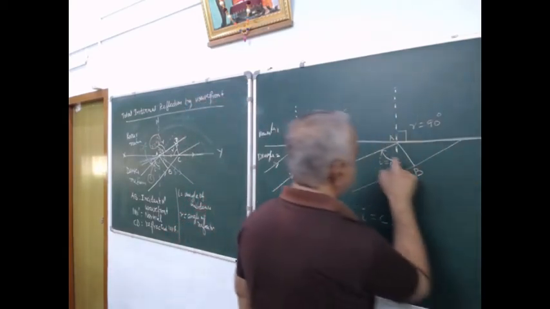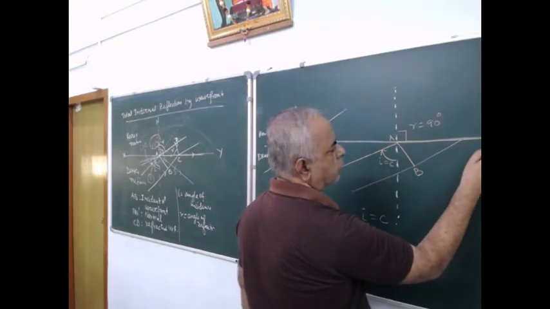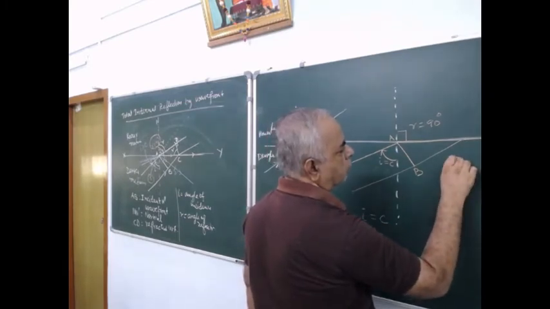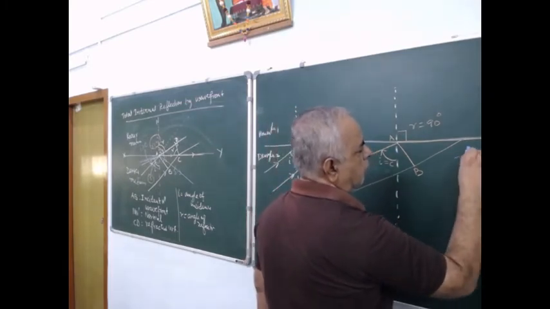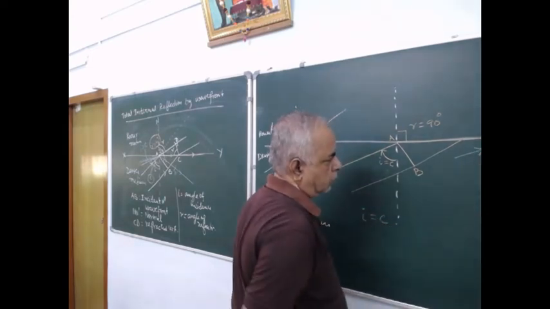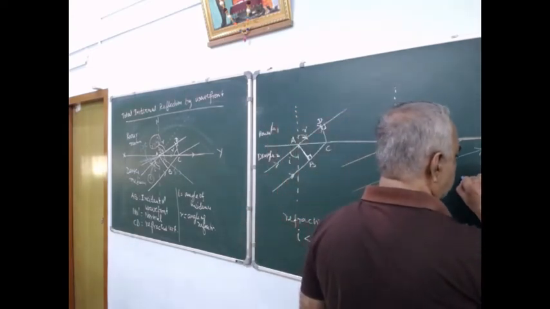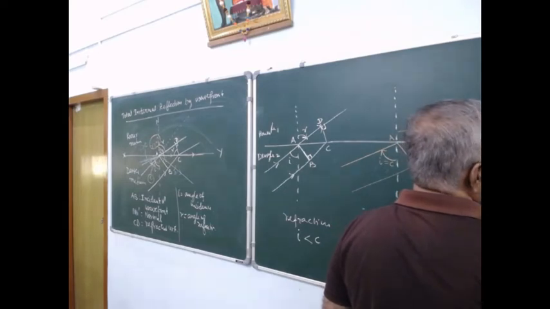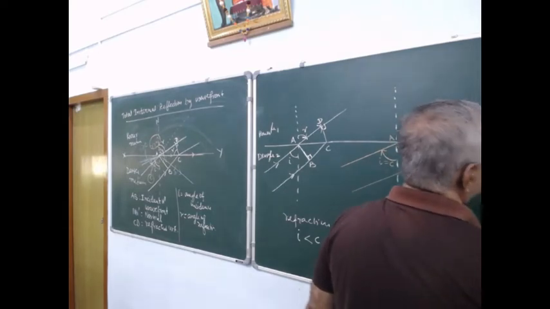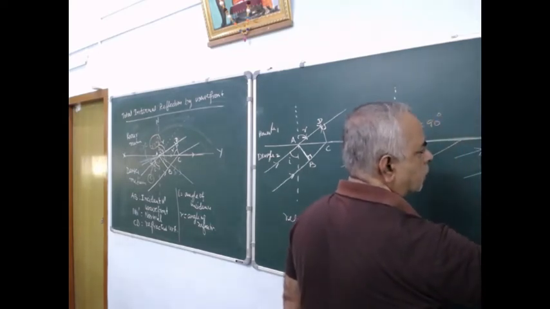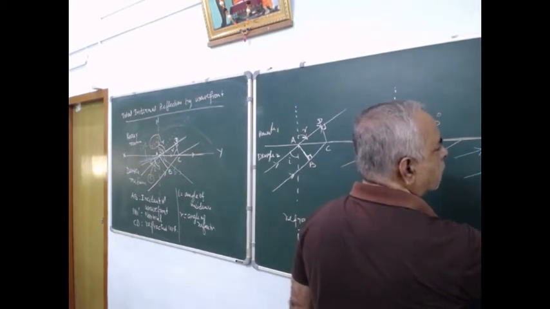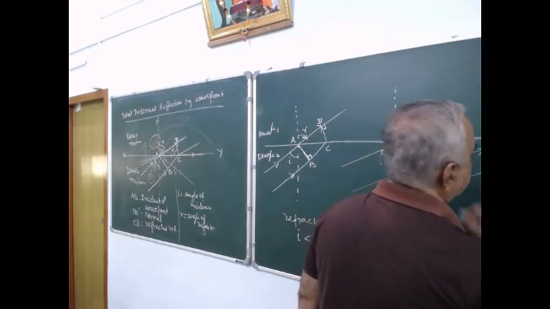Now I am increasing the I further. Okay, so it goes like this. So I have increased. So this is the angle of incidence. And what about the incident wavefront? It will be like this. Okay, so this is the incident wavefront A, B.